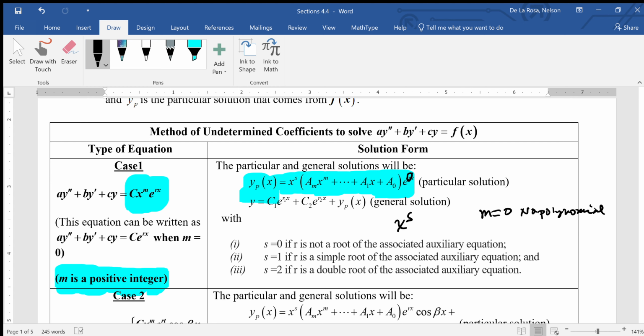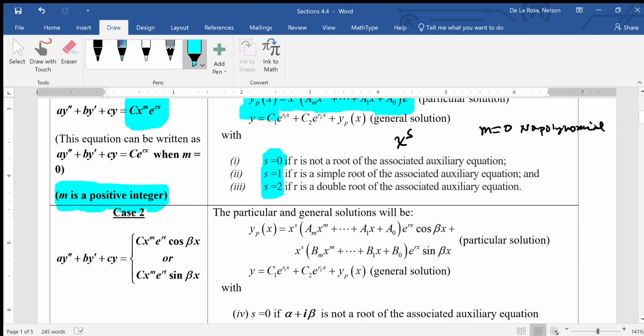If r is not a root of the associated auxiliary equation, then s would be 0. If r of the given exponential is a simple root of the associated auxiliary equation, then s would be 1. If r is a double root of the associated auxiliary equation, then s would be 2.